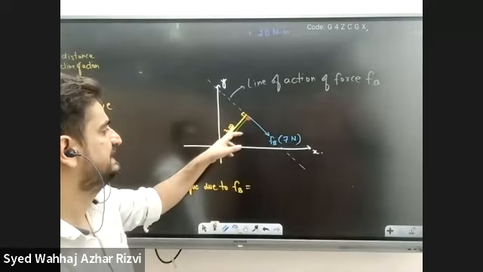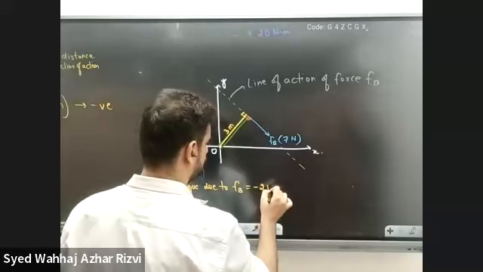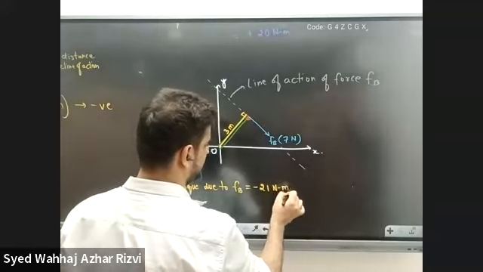So what does it say on the yellow line? This value is 3 meters. It's going to be minus 21 Newton meter. Very good. This would be minus 21 Newton meter, right?